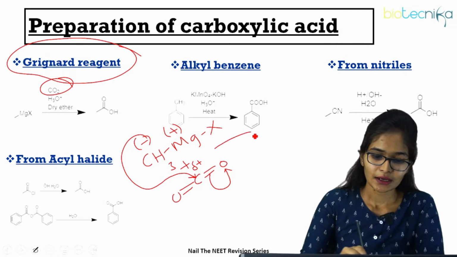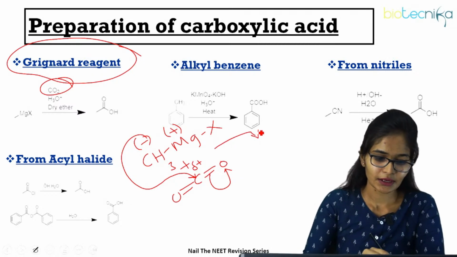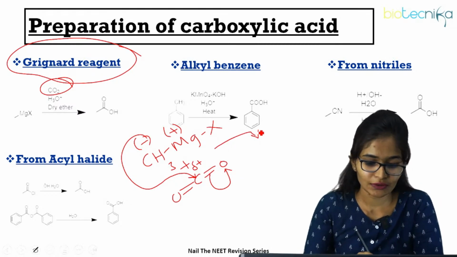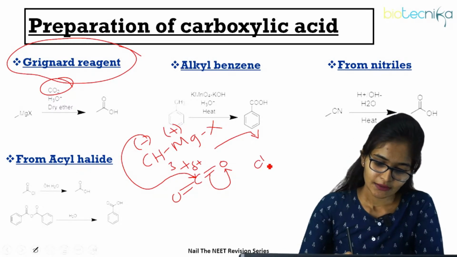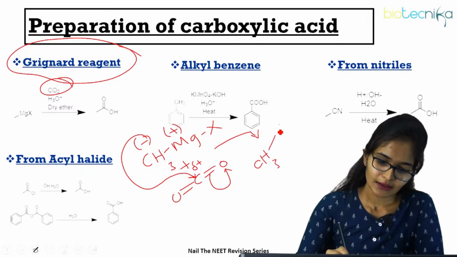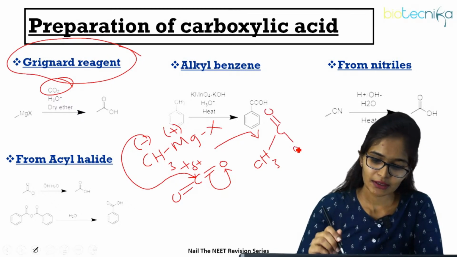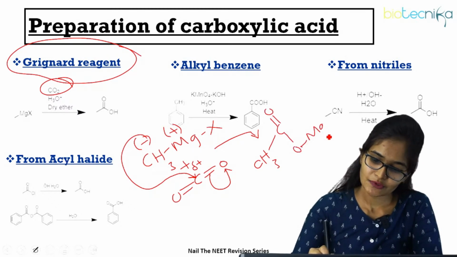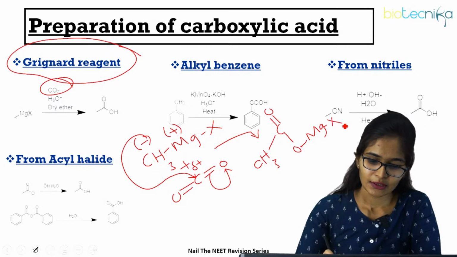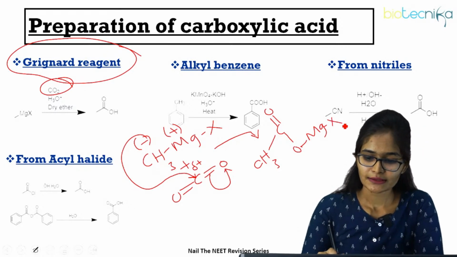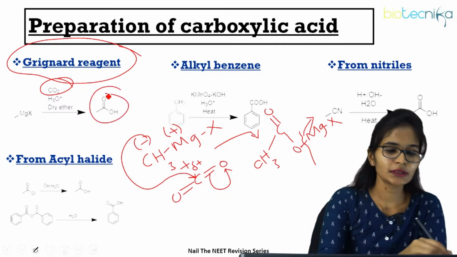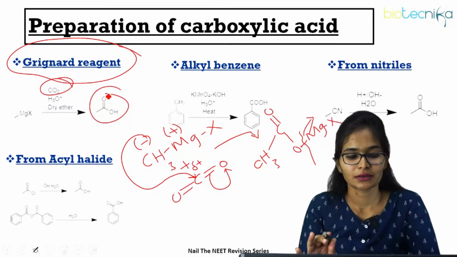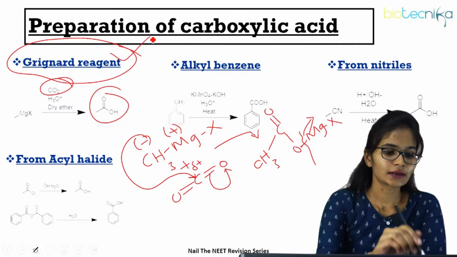Later you will get CH3 and CO, and on the other side your oxygen, which is attached to MgX. Next, this bond will break and it will go out and directly give me acetic acid as a product. So this is from Grignard reagent.